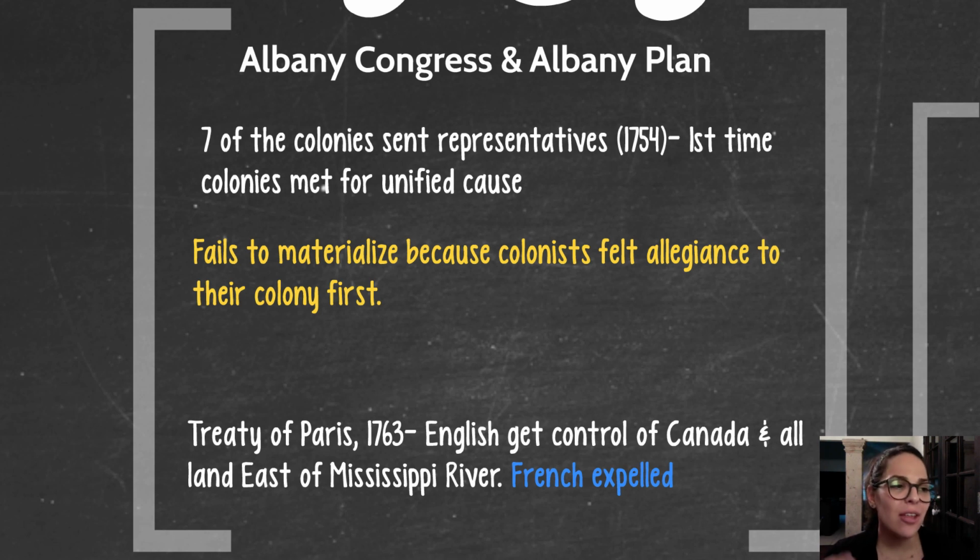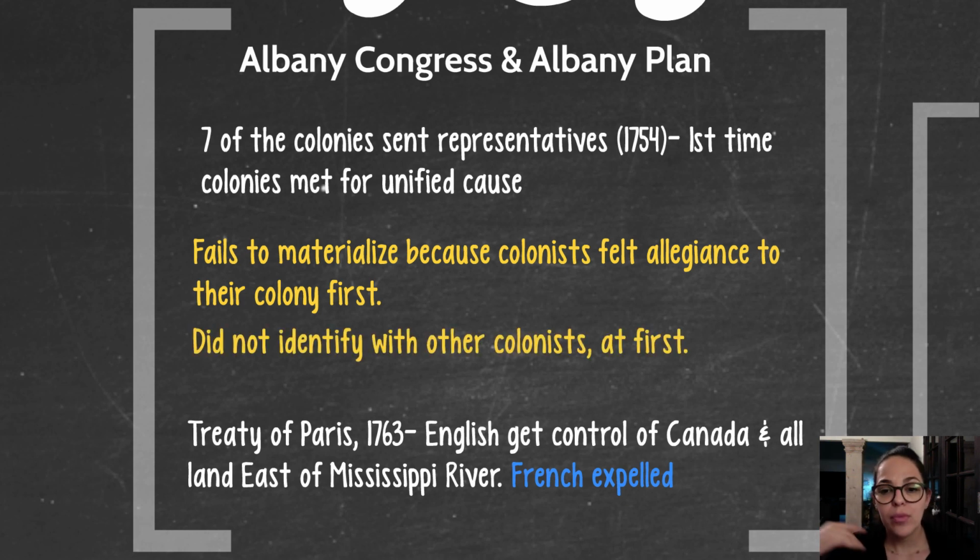Like I said, there are like 13 different countries at this point. Even though they're all English colonies, they do not see that somebody from Virginia has anything in common or worth fighting for with somebody from New York. Okay, and so they have no allegiance to each other. They have allegiance to their colony, but that's about it.